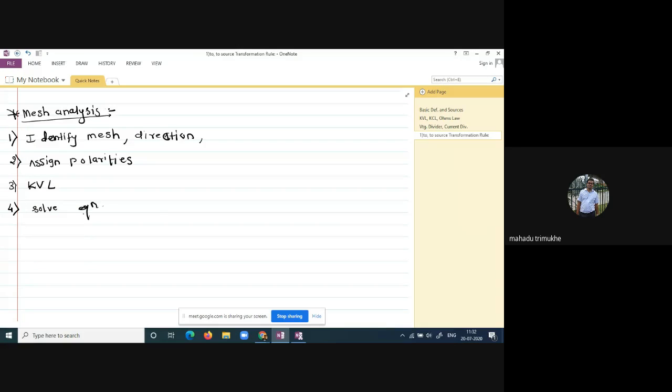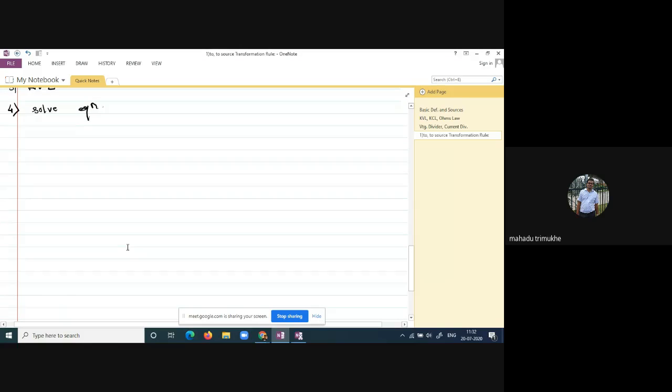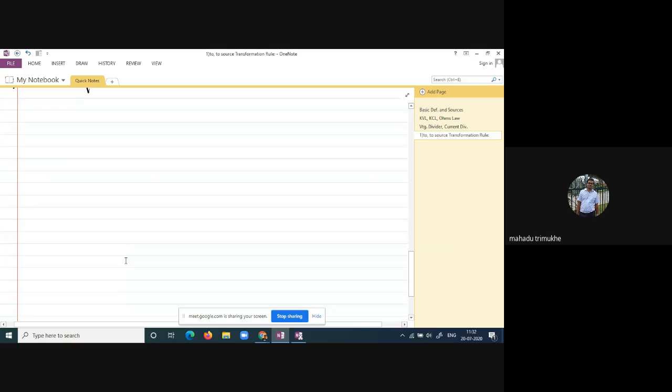Suppose I take a simple example. You have already gone through such type of examples in BEE. We have considered the network as three meshes, so I'll draw the circuit.